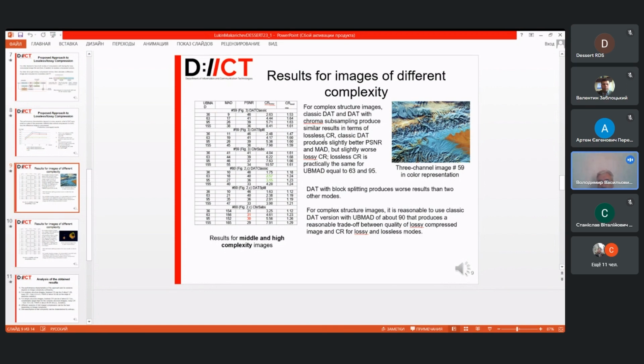At the same time, classic DAT produces better PSNR, peak signal to noise ratio, and mean absolute deviation, but it produces a slightly worse lossy compression ratio. One important aspect is that lossless compression ratio is practically the same for UMAT equal to 63 and 95.